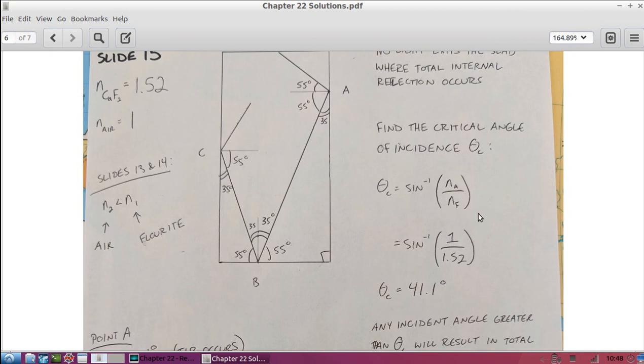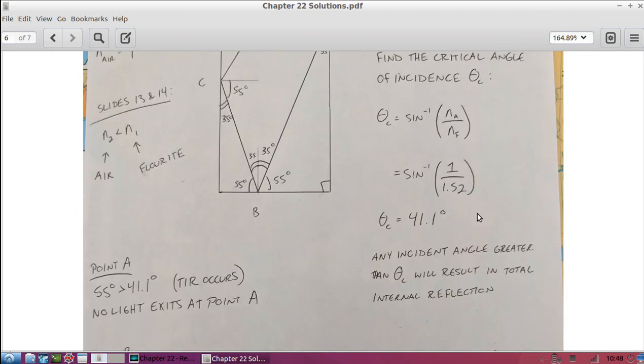So we're looking for the critical angle, and then I'm comparing that critical angle to the incident angles at points A, B, and C. When I calculate the critical angle, I get 41.1 degrees. So any incident angle that's greater than 41.1 degrees will result in total internal reflection. If your incident angle is less than this, then we've got some refraction.